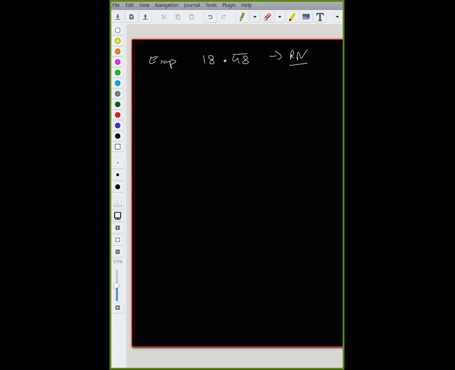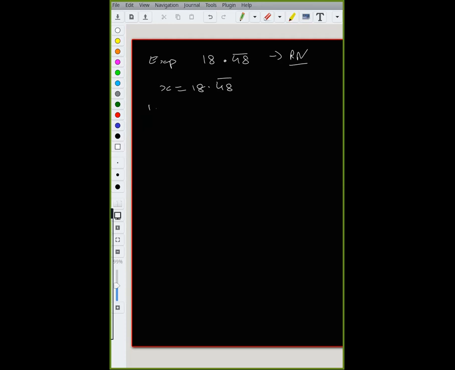Arpita, let's solve this quickly. Tell me, what do we do? So first we will do x equals 18.48 bar.